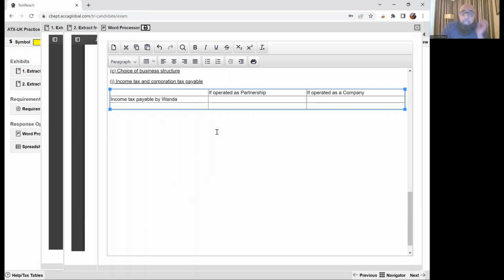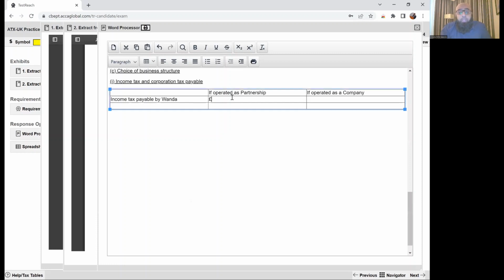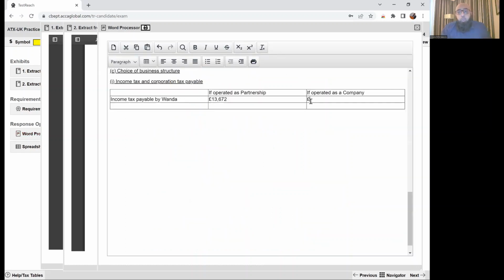Now this is given in the question: a summary of the total tax payable if vendor's income tax liabilities, business operated as a partnership, 13,672. This is vendor's income tax. And if operated as a company, the vendor's income tax is 8,219.